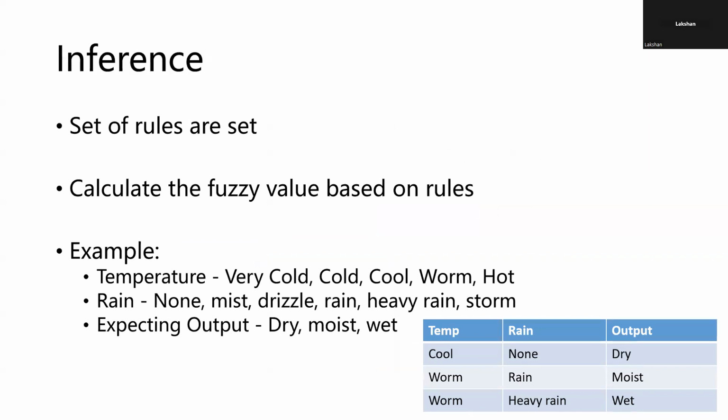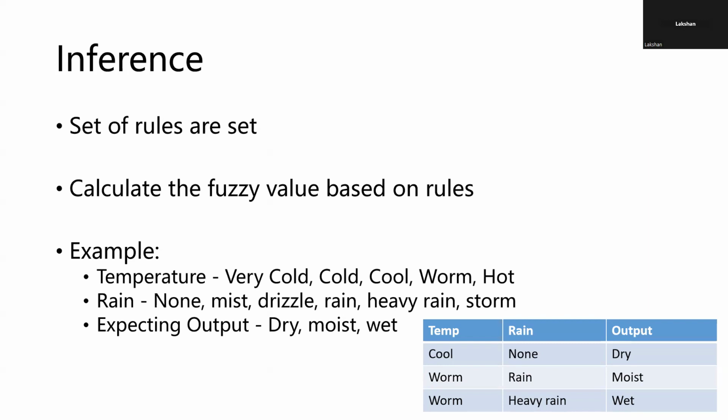Then inference. Inference means a set of rules. These sets of rules can be the output of a combination of inputs. Here, we have a table with the inputs. This is the relationship between temperature, rain, and the output humidity.